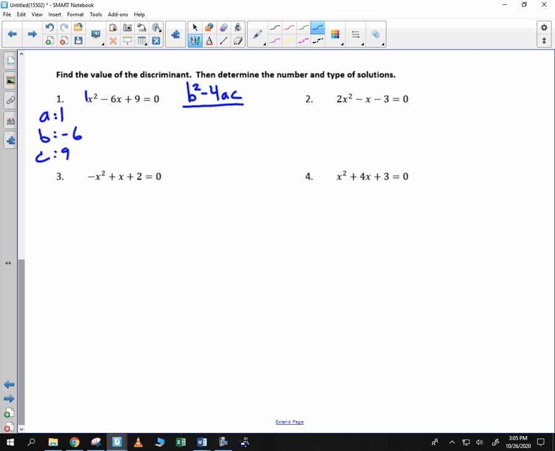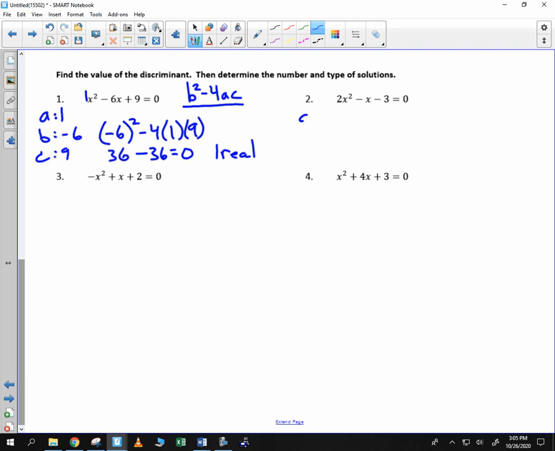I'm sorry, I messed this up. B squared will be negative 6 squared minus 4 times a is 1 and c is 9. So negative 6 squared is positive 36. If you square a negative, it's positive. Minus 36, and so you get 0. So that means that there's one real solution.